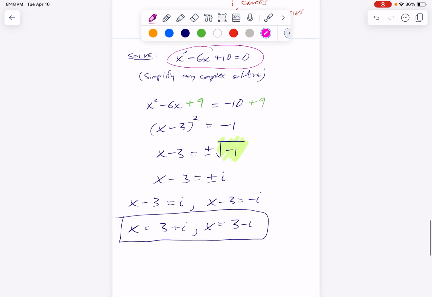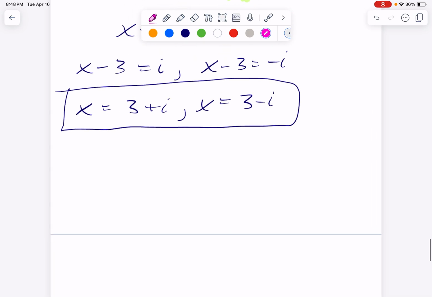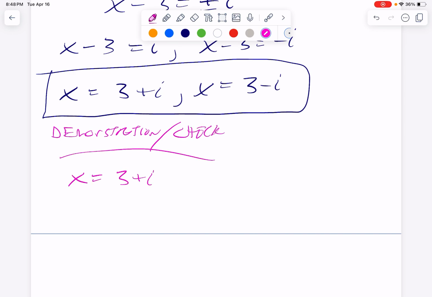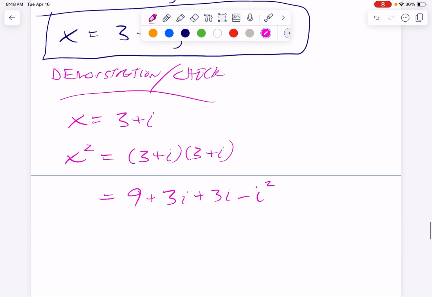And I could actually demonstrate that. So just as a demonstration, suppose x is 3 plus i. x squared would be 3 plus i times 3 plus i. If I FOIL that out, I'm doing this rather quickly. You wouldn't need to do this, but I want to convince you that it's true.